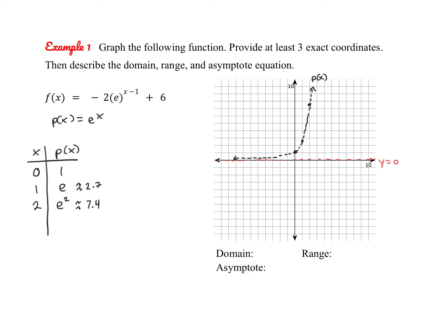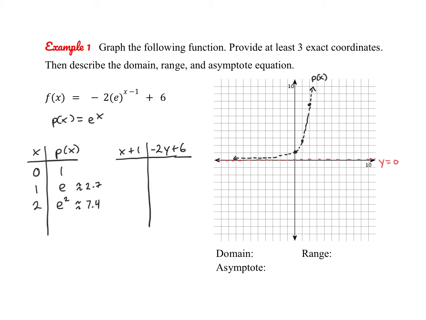And now we can transform our coordinates using what we see in f of x. So starting with our horizontal transformations, we see that we'd like to shift our graph to the right 1. So I would add 1 to all of my x values, and then we have a vertical reflection over the x-axis, vertical stretch by a factor of 2, and then our graph will shift up 6.